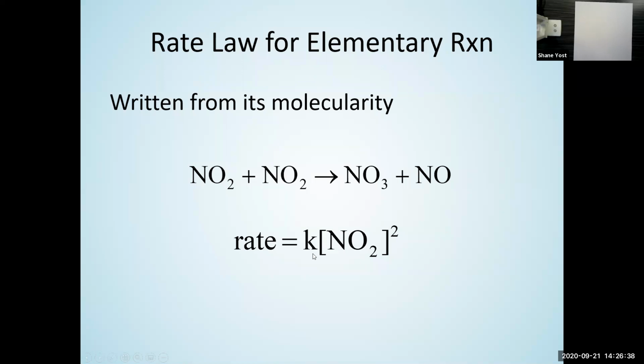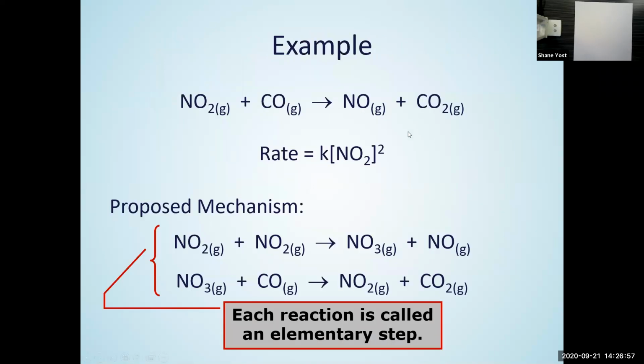So the rate here is equal to the rate constant times the concentration of this reactant times the concentration of this reactant, which is the same thing, NO2, NO2. So you just get NO2 squared, okay? Now for a general chemical reaction, for example in this chemical reaction here, the rate law is not equal to the rate constant times the concentration of the reactants, because this is a general chemical reaction, okay?